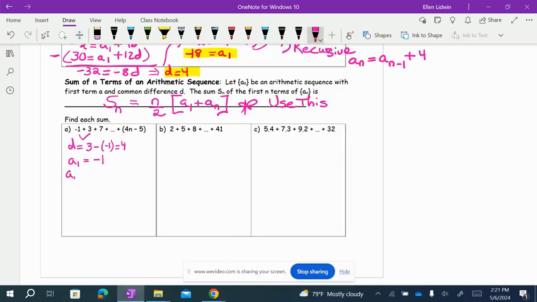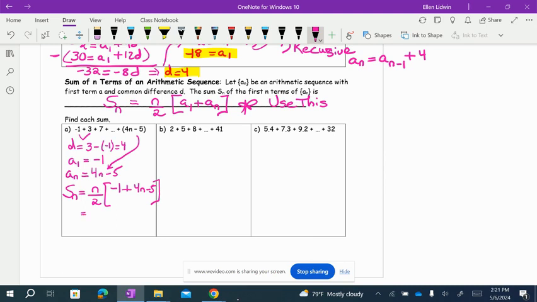Our rule would be a sub n, and normally we'd have to figure that out, but because they're telling us the nth term is 4n minus 5, they've already done the work for us. So our sum, s sub n, is going to take the number of terms, which we don't know, so n over 2, times a sub 1, which is negative 1, plus the nth term, 4n minus 5.